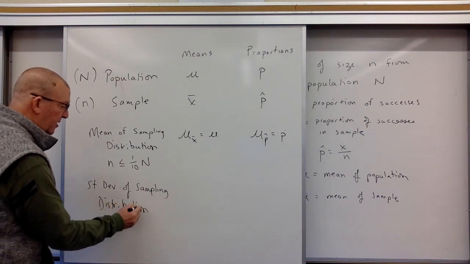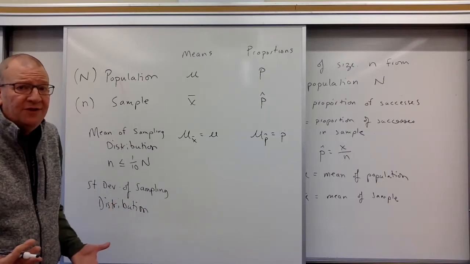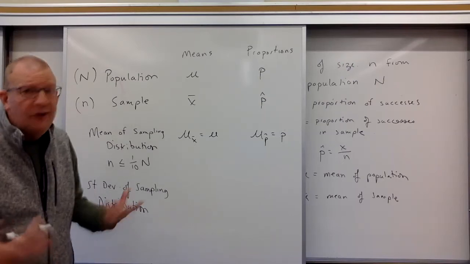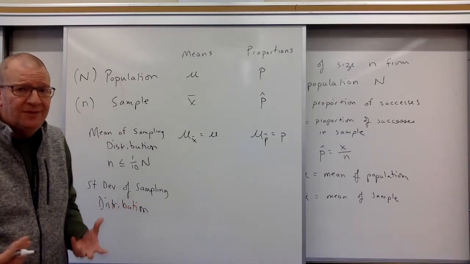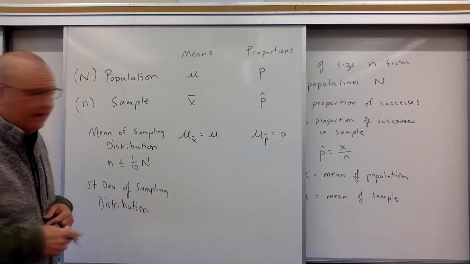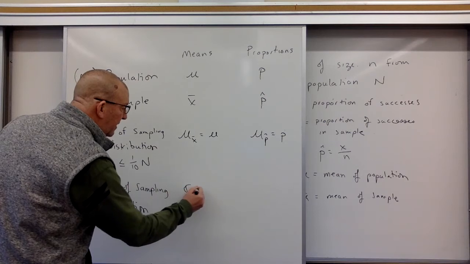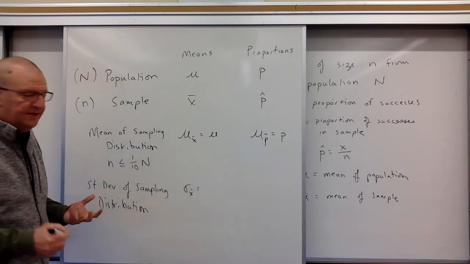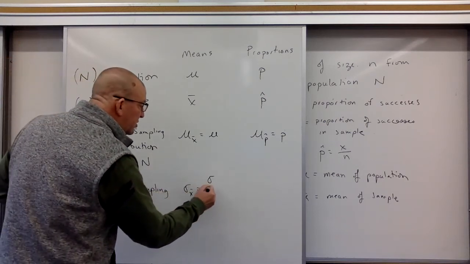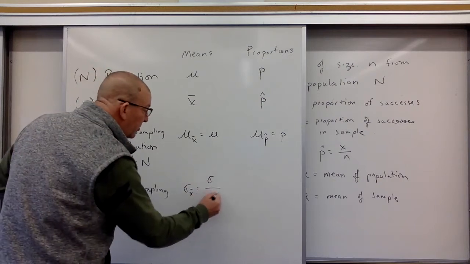We have all these samples, we have an average for all these samples. We're going to calculate a standard deviation for these samples. That's right, there's going to be a normal distribution coming up here. So I'm going to say sigma sub x bar. This is going to be the standard deviation of the population divided by the square root of n.